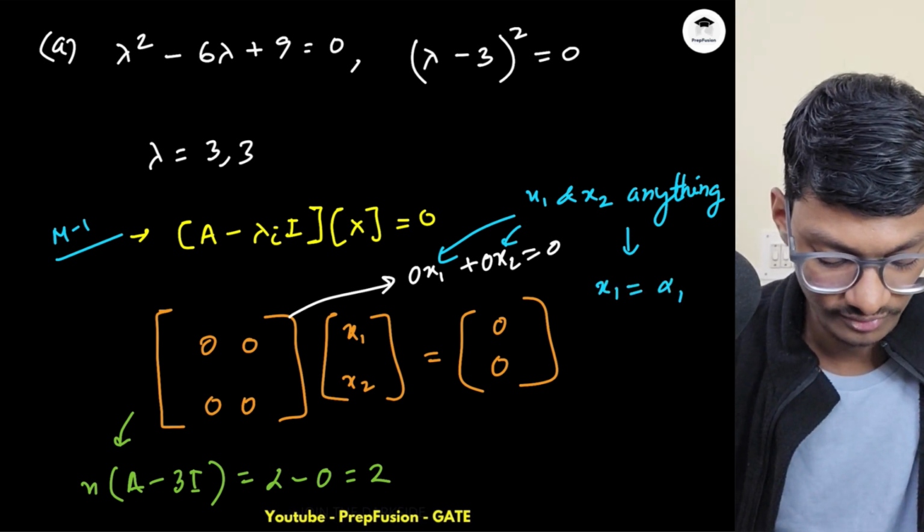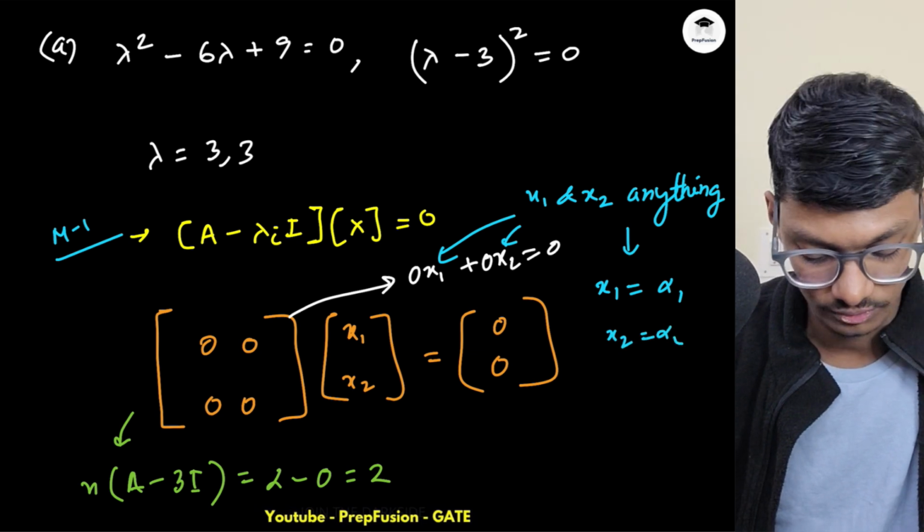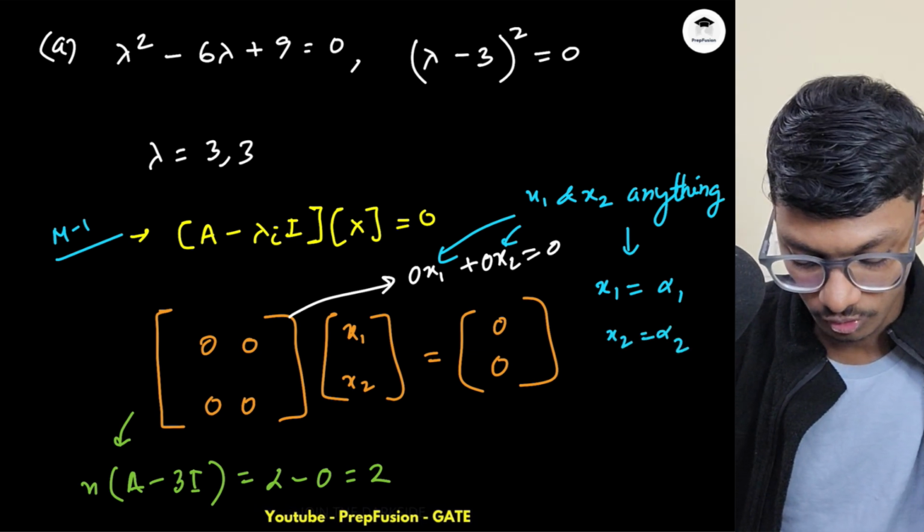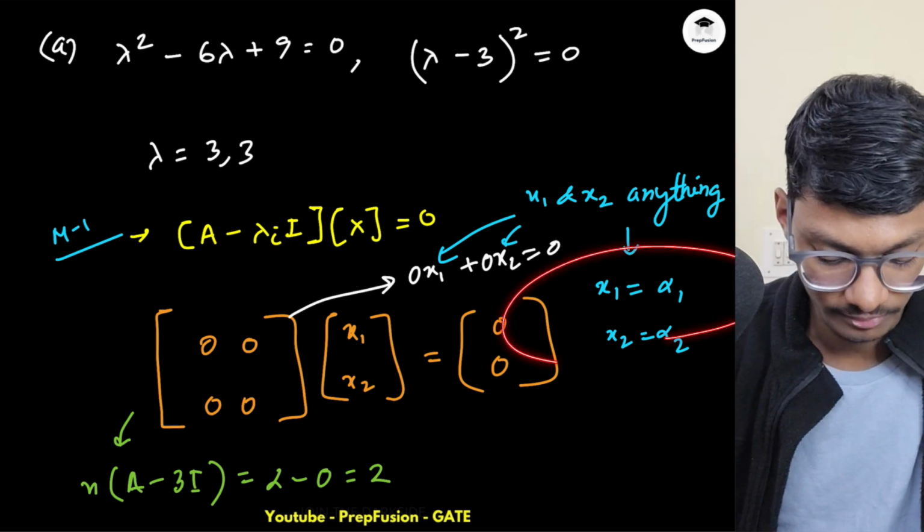I can assume x1 as alpha 1 and x2 as alpha 2. I don't have to do it again because 3 is the only eigenvalue, so I will get this.